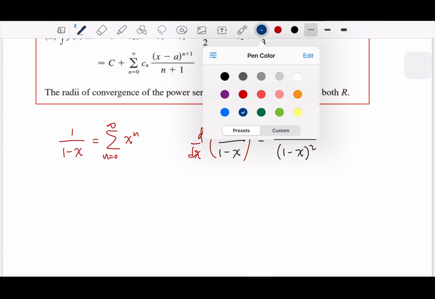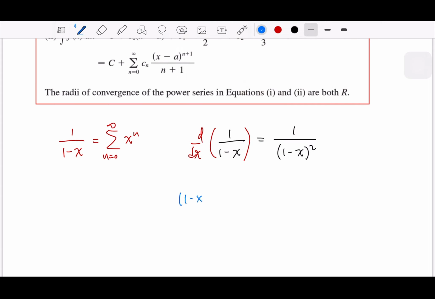Okay. Do it right here to make sure. This will be minus 1, minus 2, and then multiply with minus 1.